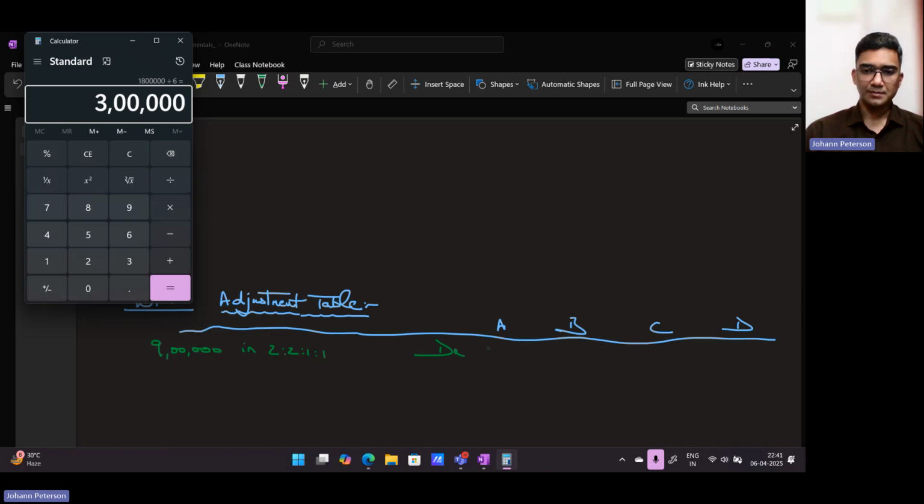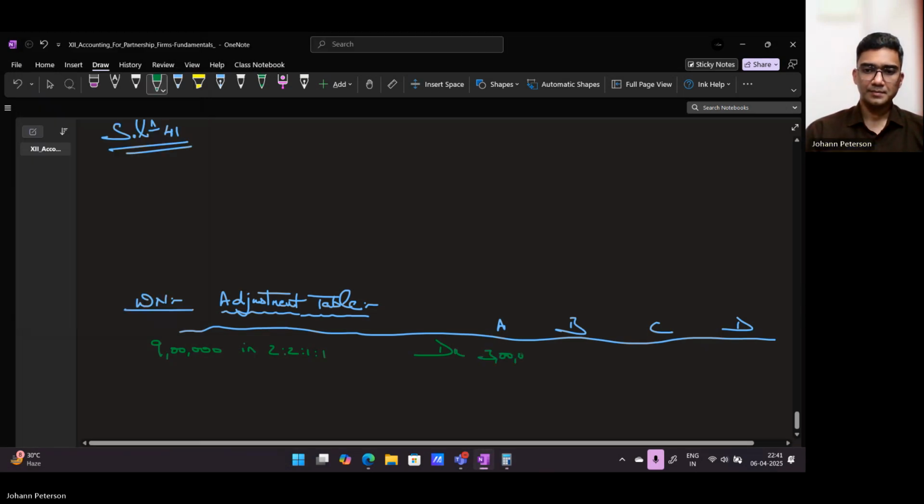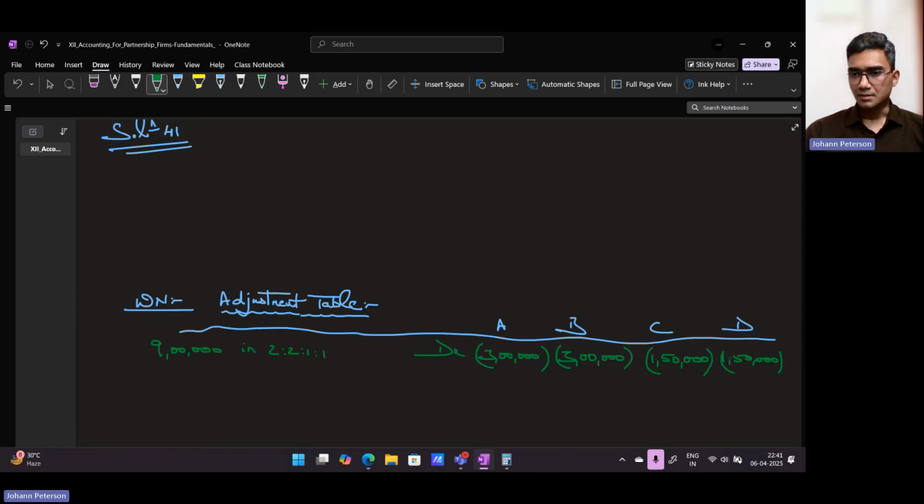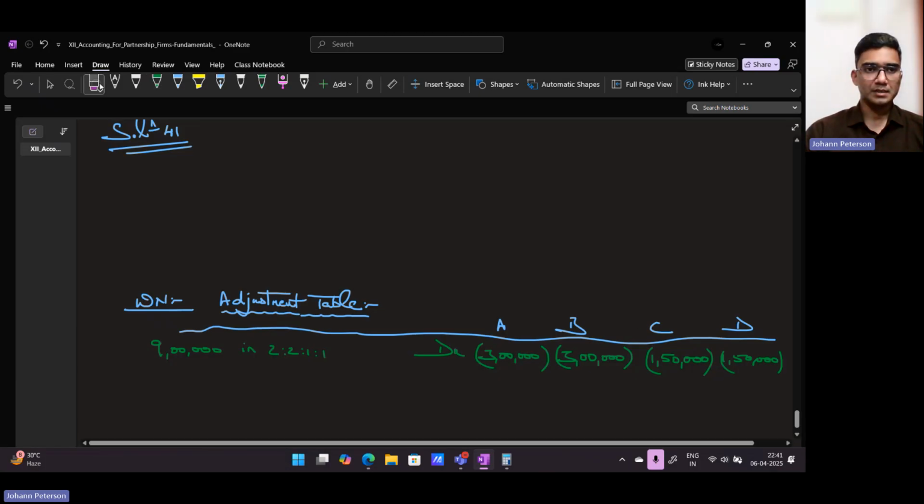So I will write 3 lakh here. Again, 3 lakh. 1 makes it half of that. So 150 and 150. Since it's a debit, so I'll put a minus sign.